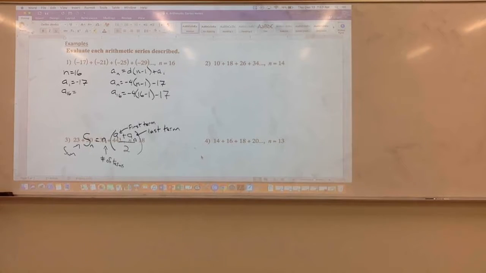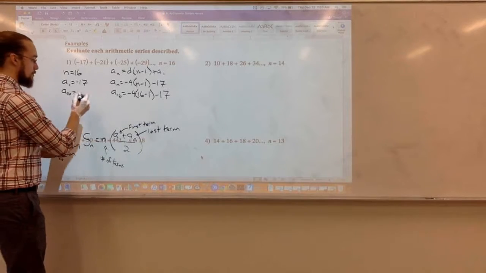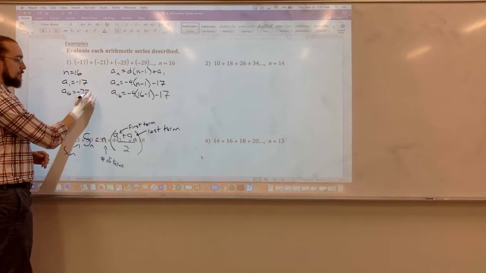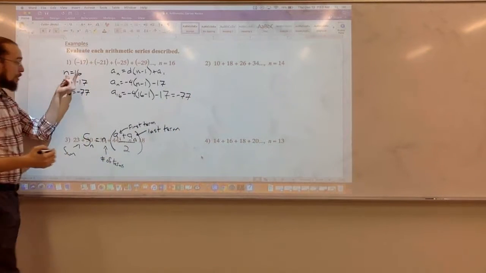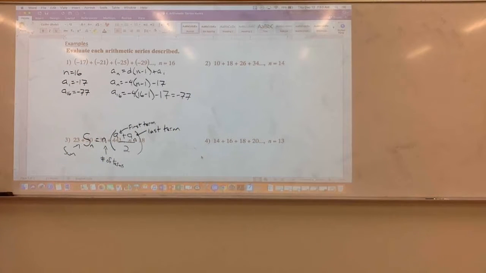Negative 77. So now we've collected the 3 pieces of information we need: our number of terms, the first term, and the last term. Now I can find the sum.